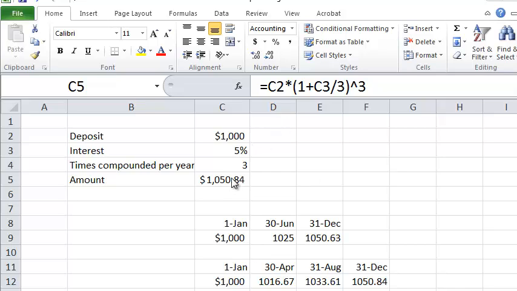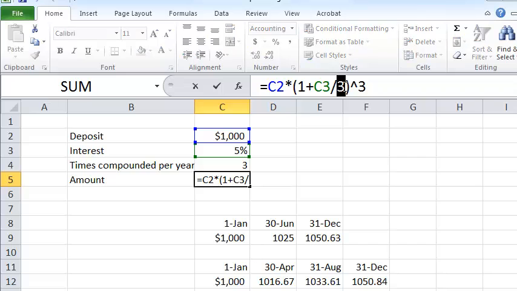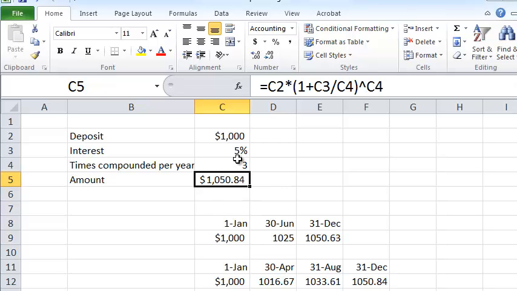To go back to our Excel spreadsheet, if you make a small change here, instead of this 3, I'm just going to put the times compounded, and instead of this 3 here, again I'm just going to put the times compounded. And so that is a general formula for the total amount that you will earn if your deposit is compounded a certain number of times. So let's say if you compound it 8 times, then it changes appropriately.